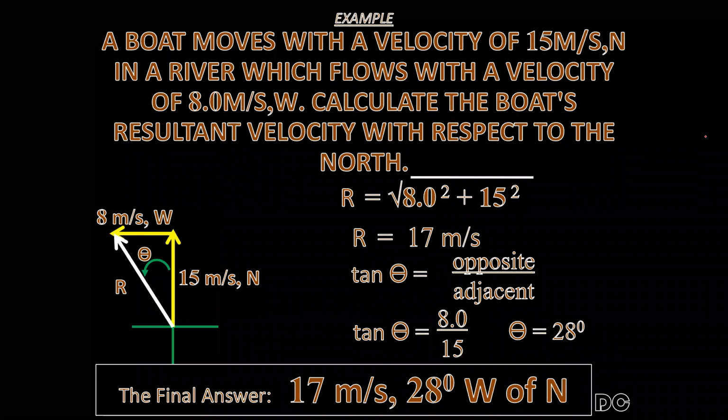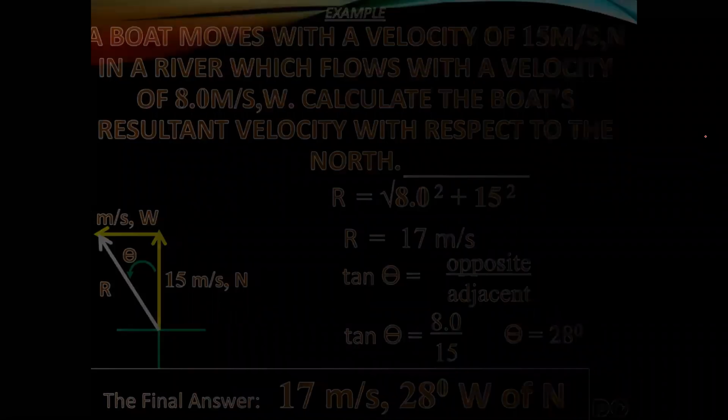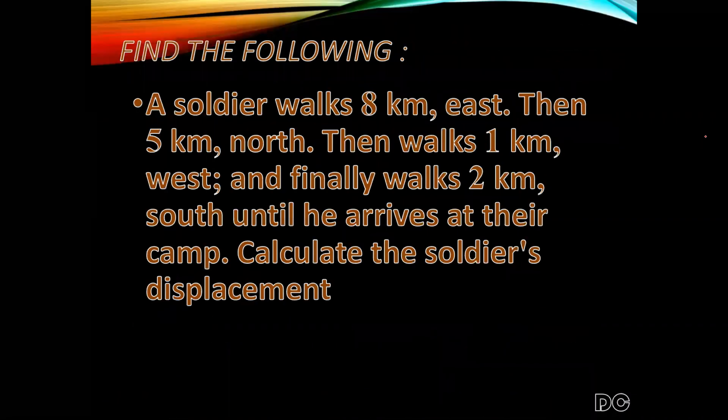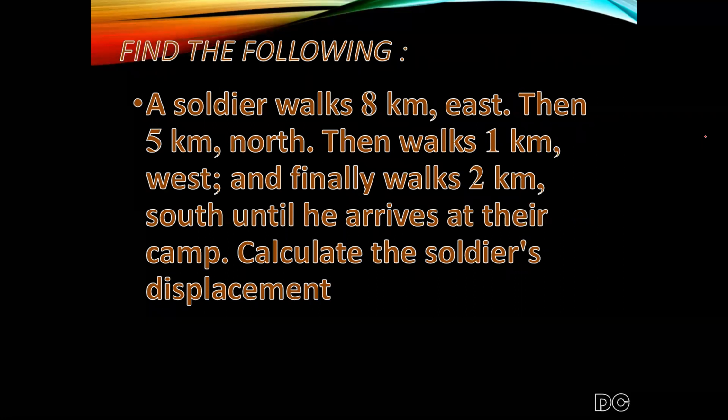So if that is the case, for example, in this given example: a soldier walks 8 kilometers east, then 5 kilometers north, then walks 1 kilometer west, and finally walks 2 kilometers south until he arrives at their camp. So calculate the soldier's displacement.